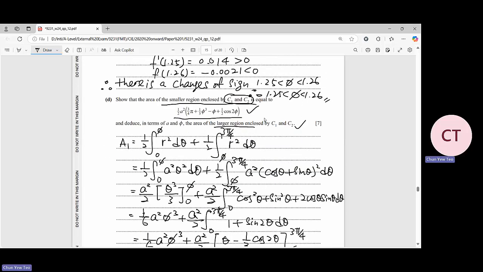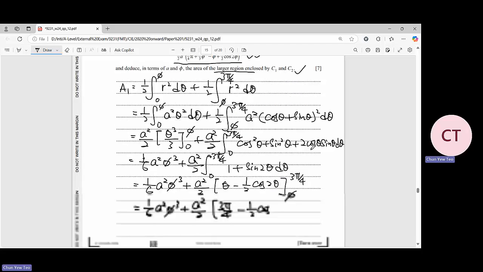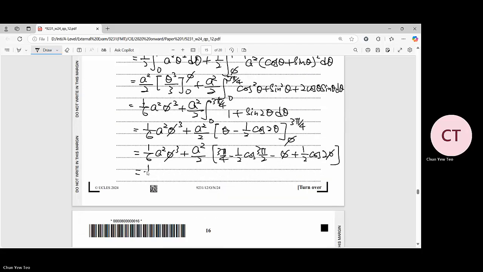What do they want you to show? They want you to show that the area looks like this. Factorize the half A squared out. Then inside here will be phi cubed plus the 3 pi over 4, this is 0, minus phi, then plus the half cos 2 phi.